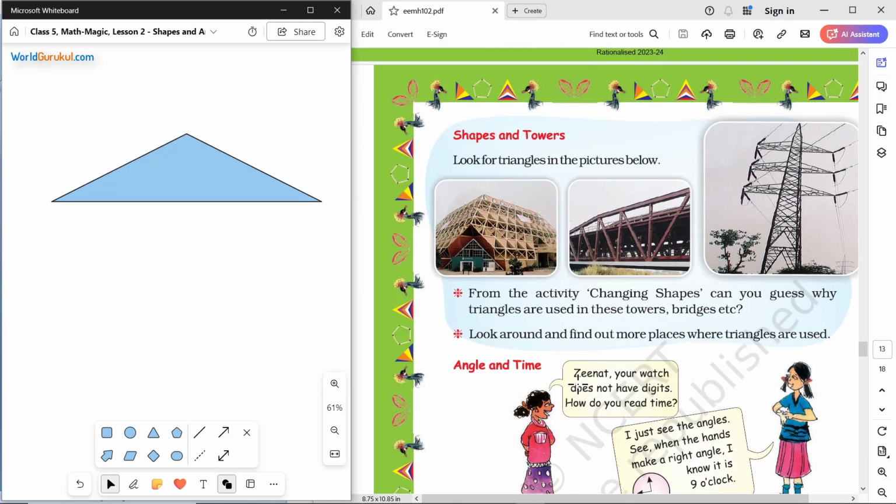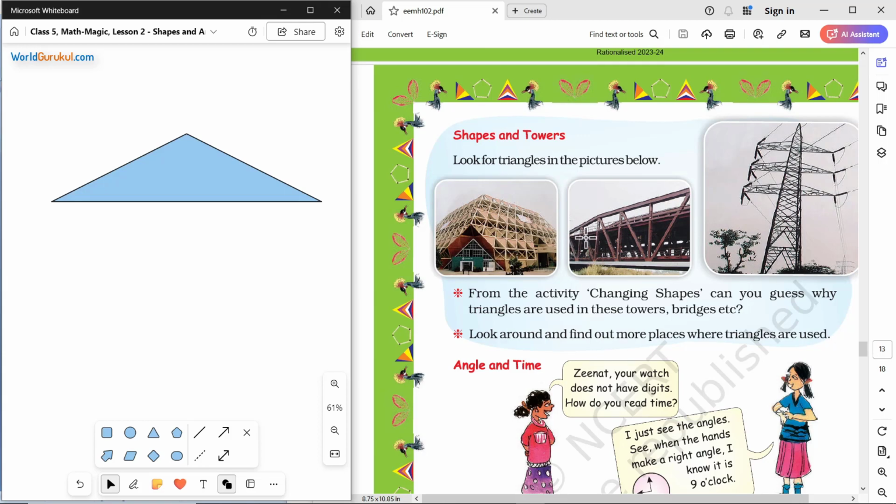Shapes and towers. So when you go outside, you might have seen the bridges, you might have seen the big buildings and the malls. They all look like made up with some shapes. Means whatever the material used is fabricated in some shapes to give the strength, and to meet the purpose.